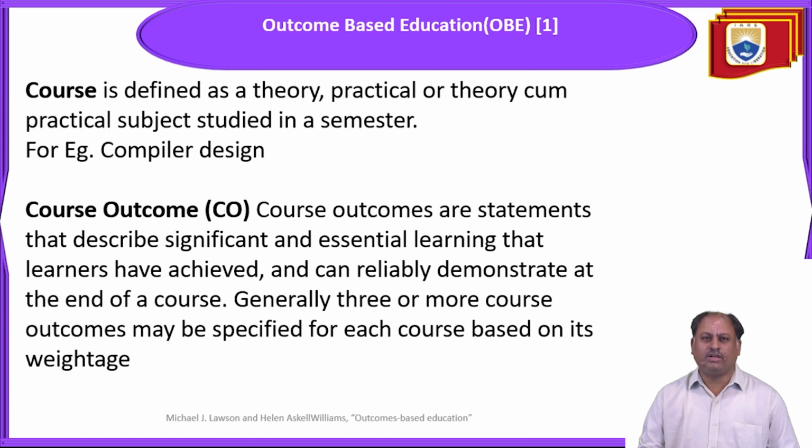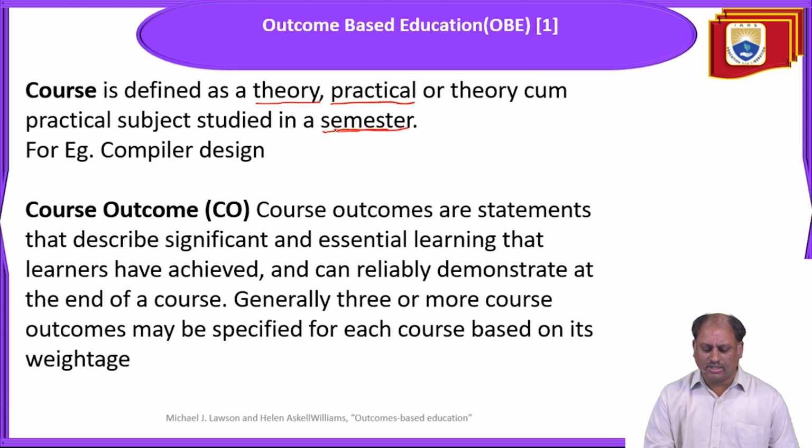Here we are going to talk about a course, course outcome, and program. Course means a theory course or a practical course. Theory cum practical subjects are also specified in the given semester catalog information.